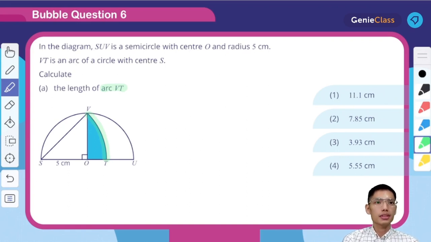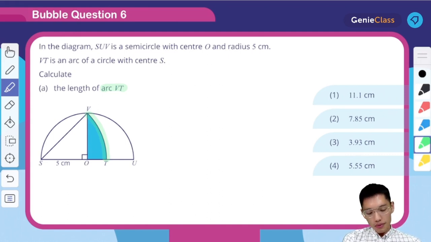Take note, some of you are falling into the trap over here. Is it really just multiplying it by 5? Take note, arc of VT. Look at the diagram carefully. Last 10 seconds. Last 3, 2, 1. Alright, let's take a look.